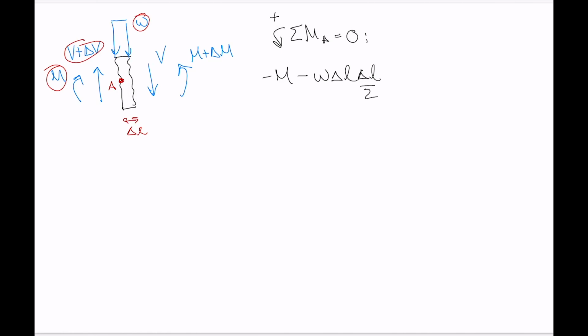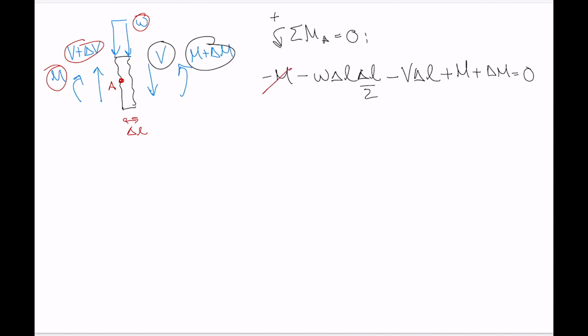And then we've got our shear force on the right-hand side, V, located at delta L away from point A, and that's also in the negative direction, so minus V delta L. And then finally we have the internal moment on the right-hand side, in the positive direction. So we've got plus M plus delta M equals 0.